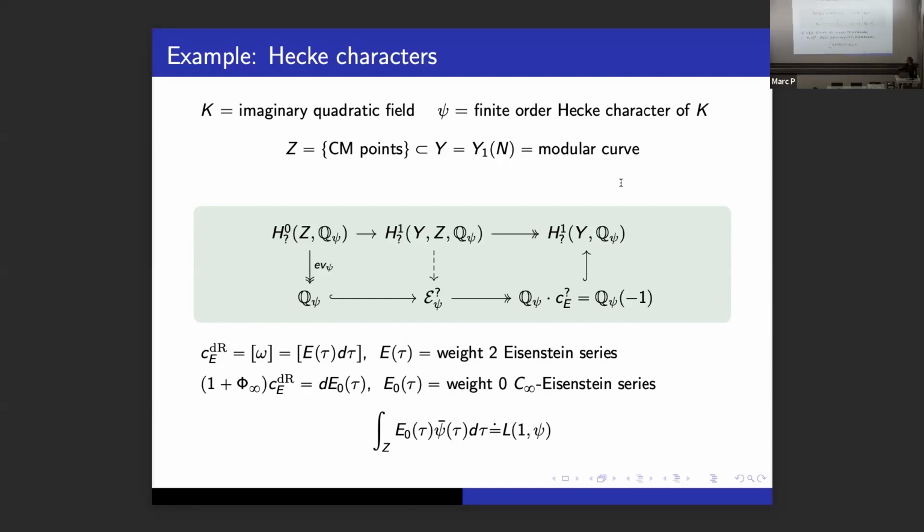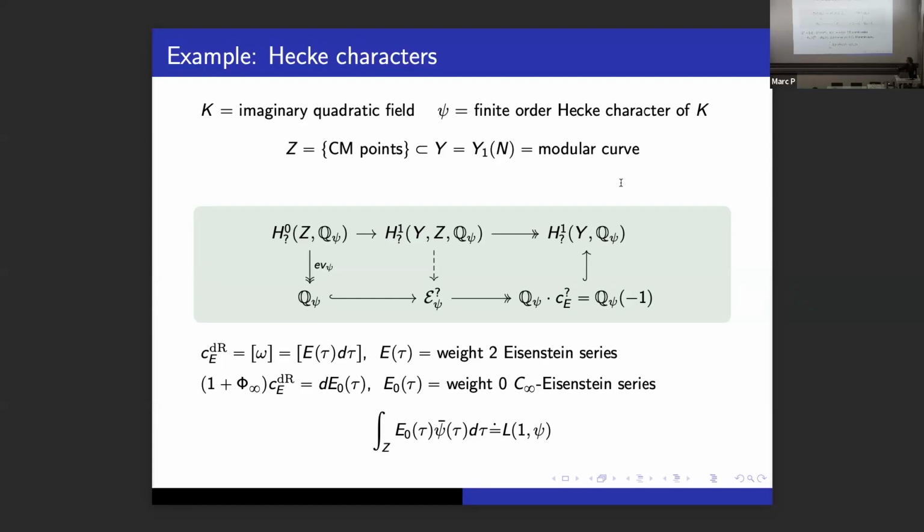And there's a formula, which I'm writing as an integral over z, just to be suggestive. Of course, z is 0-dimensional, so it's a sum. So this evaluation of this primitive would be the evaluation of the function at the various CM points, the taus in z, weighted by our Hecke character.